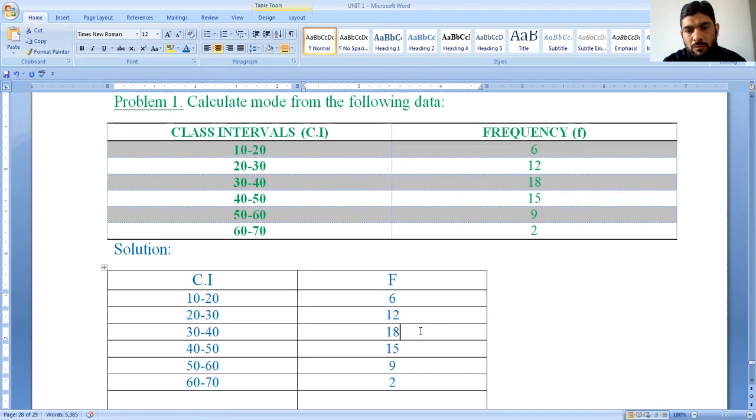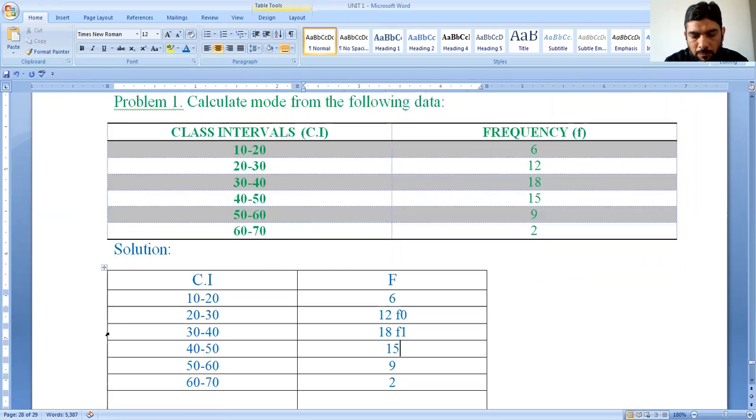What we have to do is first find the frequency with the highest value. Here it easily seems that 18 is the highest frequency, and the class interval corresponding to it is 30 to 40, so we have 18 as F1. The frequency preceding this modal class interval, that is 12, will be F0.